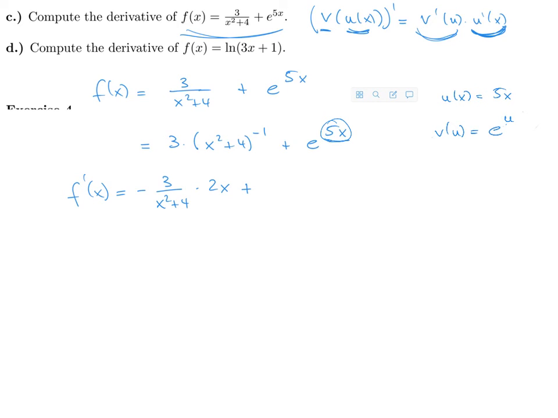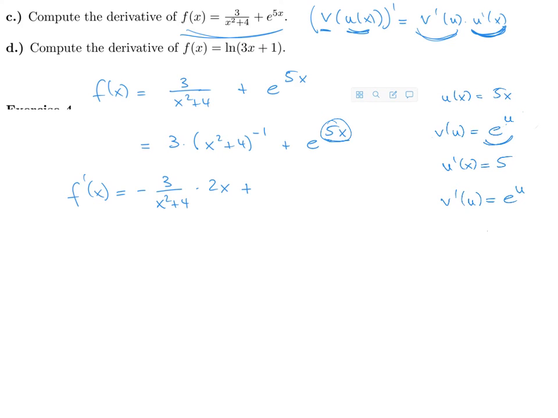And if I wanted to apply the chain rule, then I have to compute the derivative of the inner function, and this is just 5. And the derivative of the outer function is the same. This is a specialty of the exponential function. It's equal to its own derivative.